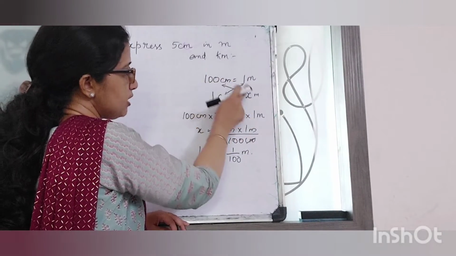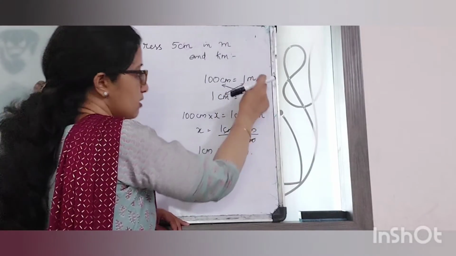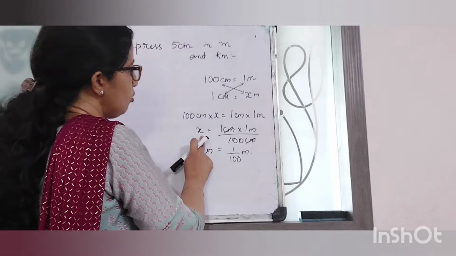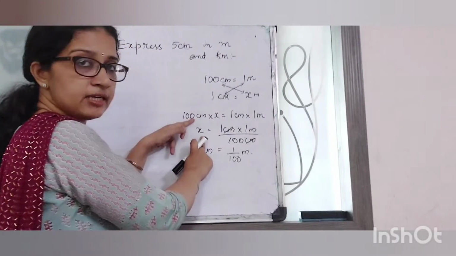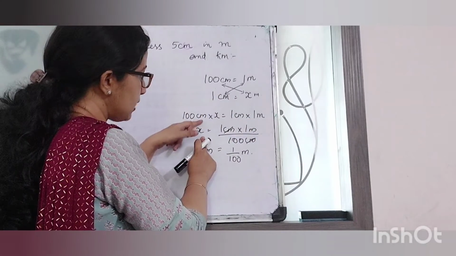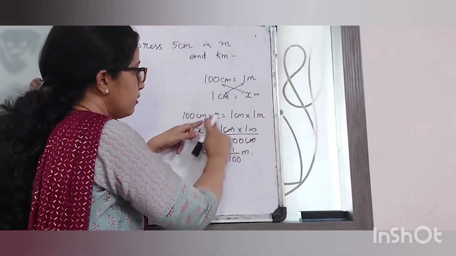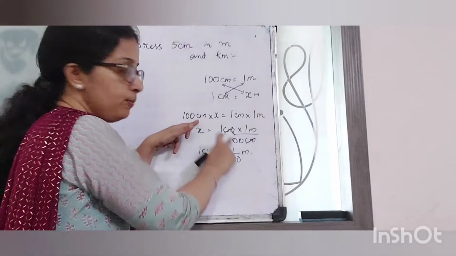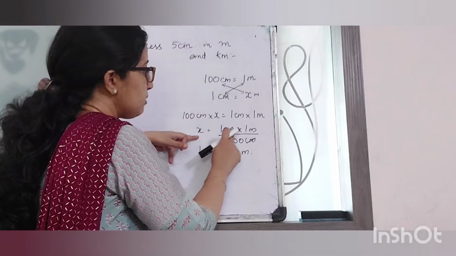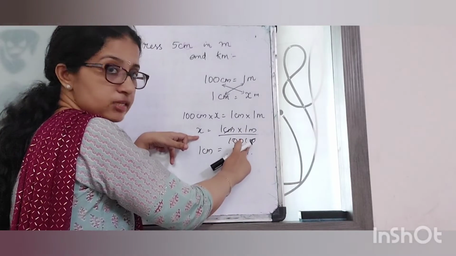Now from that, to calculate x, we have to take this 100 centimeter to the other side of the equation. Here it is multiplication, so if you take it to the other side, the multiplication will change into division. So x is equal to 1 centimeter into 1 meter divided by 100 centimeter.